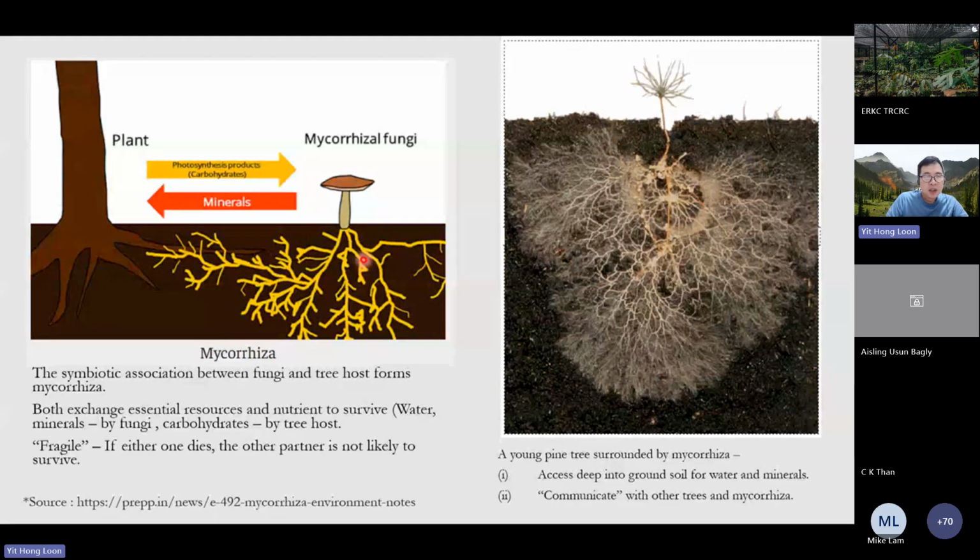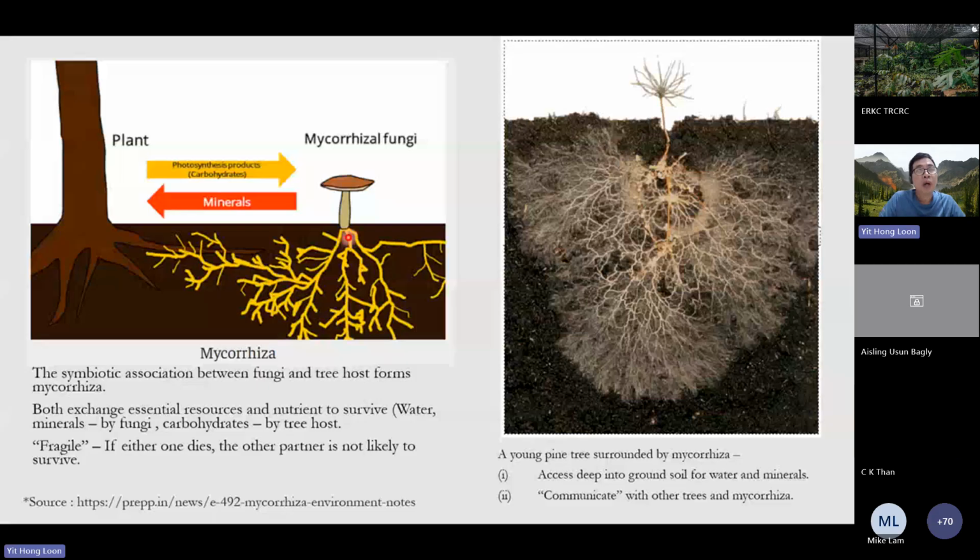Okay, so to me this relationship is fascinating, but I personally feel that it's also fragile. When you chop down the tree, the tree will die. Eventually, the fungi will also die because there is no longer a tree host supplying food to them.